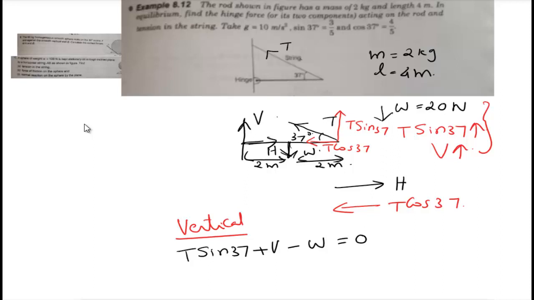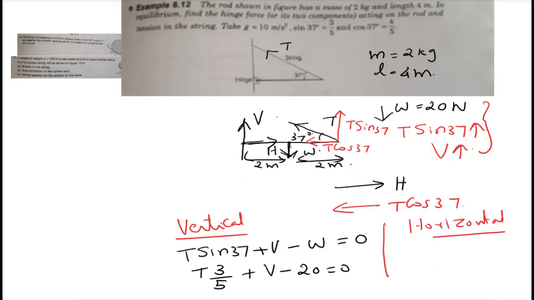T, the tension, is what we need to find; T is not given. Sin 37 is 3 by 5, so T into 3 by 5 plus V minus 20 equals 0. Next we consider the horizontal direction.